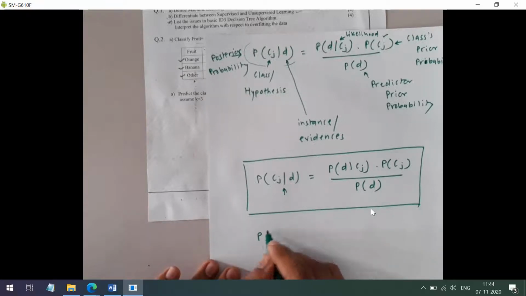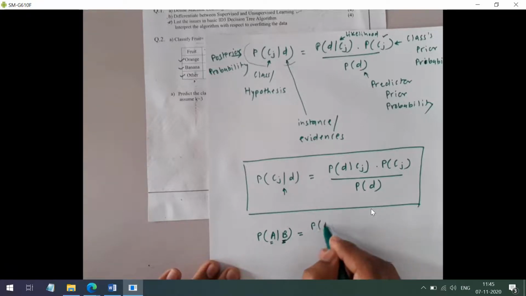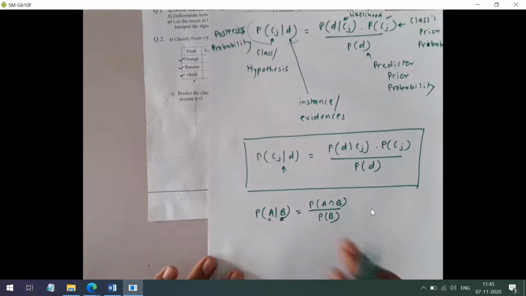This is read as probability of A given B, meaning B has happened already. If B has happened, what is the probability of A? So this is the conditional probability, and it equals P of A intersection B divided by P of B, right?